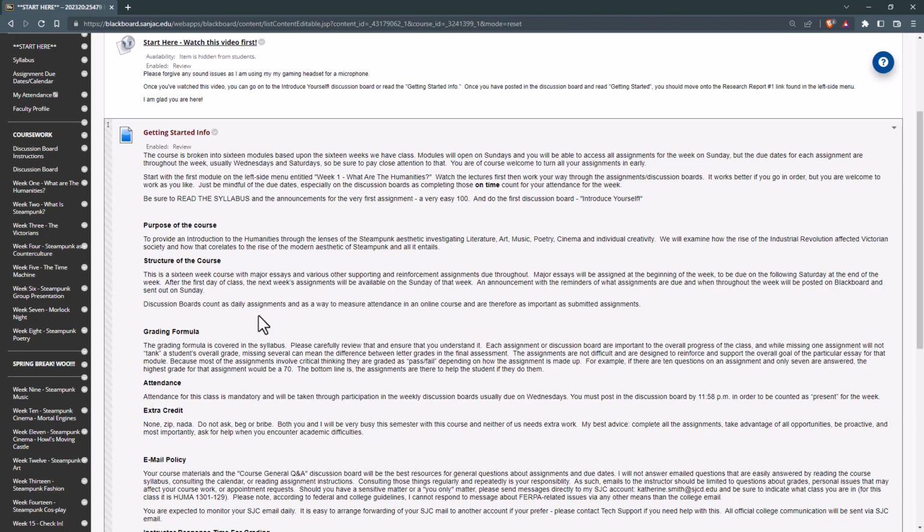The grading formula is covered in the syllabus. Please make sure you read and understand it. Many of the daily assignments involve critical thinking and are graded as pass-fail depending on how the assignment is made up. Bottom line is the assignments are there to help the student if they do them. I'm here to tell you that one of the only reasons people fail this class is because they fail to turn in their assignments.